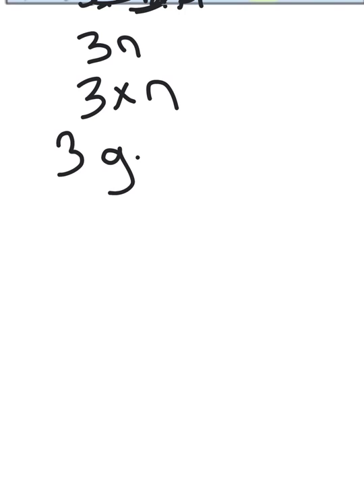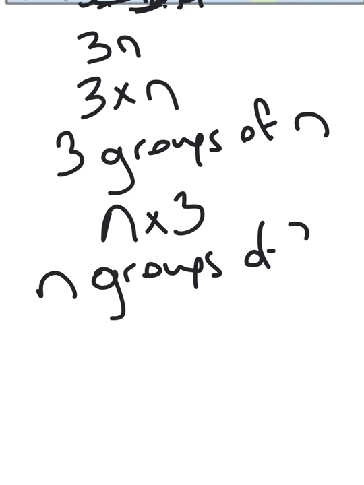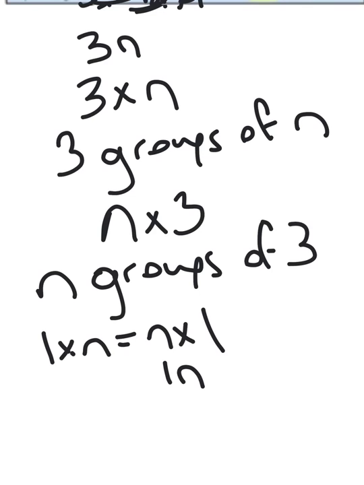In other words, 3n, just to recap, is the same as 3 times n, or 3 groups of n, or n times 3, or n groups of 3. These are all different ways of representing the same information, 3n. In other words, 1 times n, we learned, is the same as n times 1, or 1n, or just n.